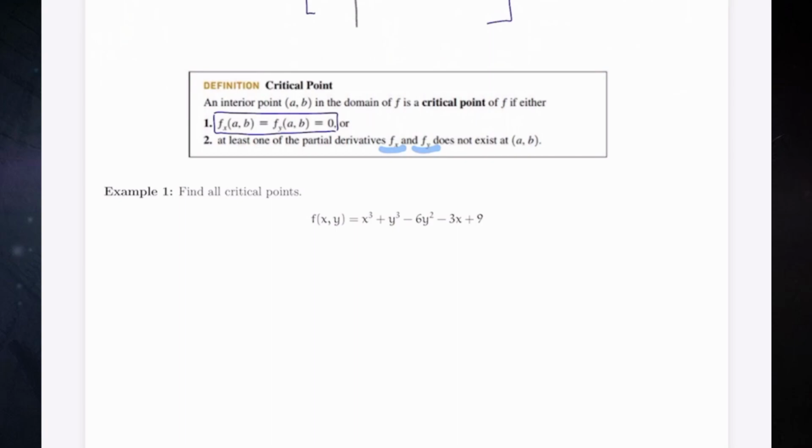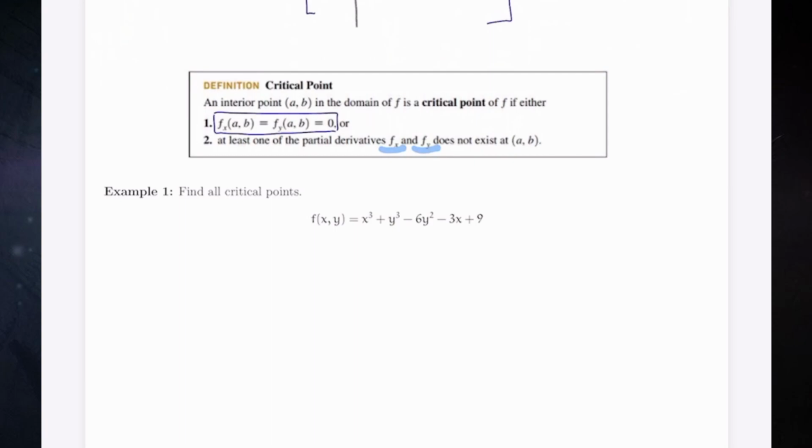Most of the problems that we will discuss will have the first condition satisfied, that our partials will be 0. This is simply because the examples that we are using for this class are mainly polynomials and they are differentiable everywhere, so we're not going to have non-existence. But we need to keep in mind this can happen, especially if we're dealing with a rational function.